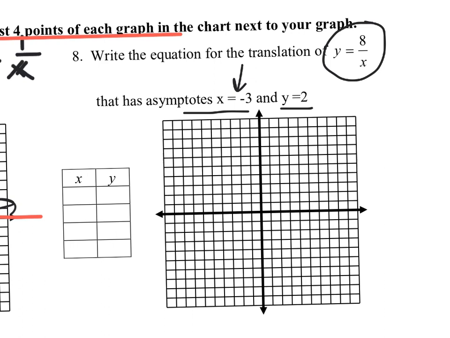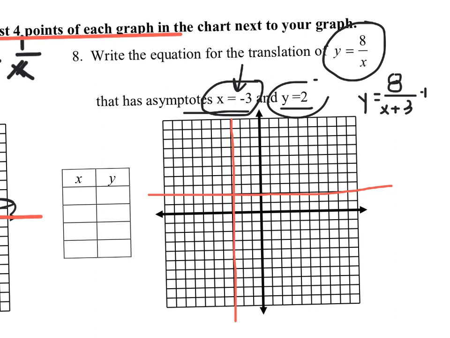So you are shifting it left 3, and then y equals 2. So this new function is going to be y equals a over, well, if your asymptote is x equals -3, it's going to be x plus 3. And then you're moving it up 2, so it's going to be plus 2 right here.